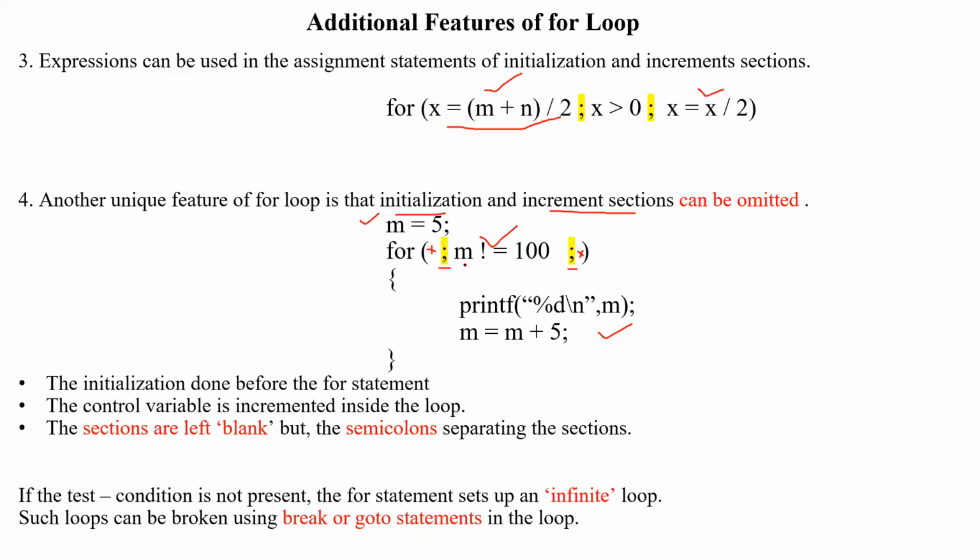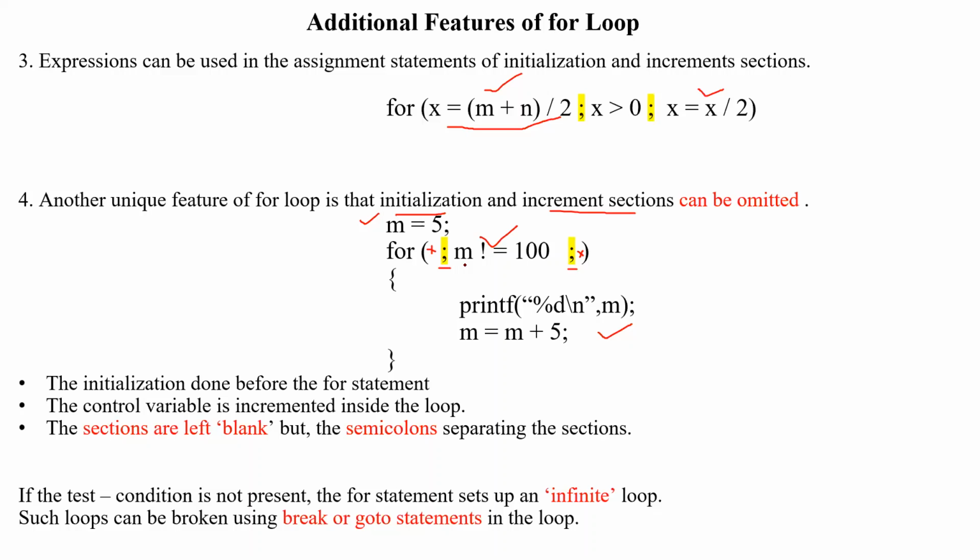In order to stop a for loop, we should always be testing a condition, right? So the main heart of our for loop, which does the looping work, is our testing expression, right? If you are not mentioning the testing expression, this will end up in an infinite loop. Are you getting? It will end up in an infinite loop.